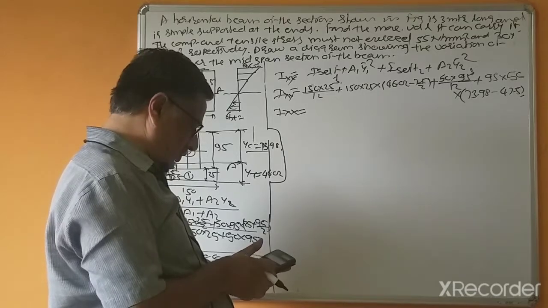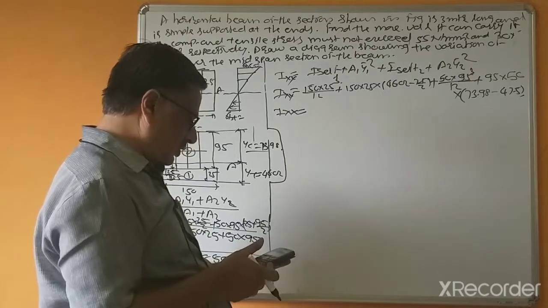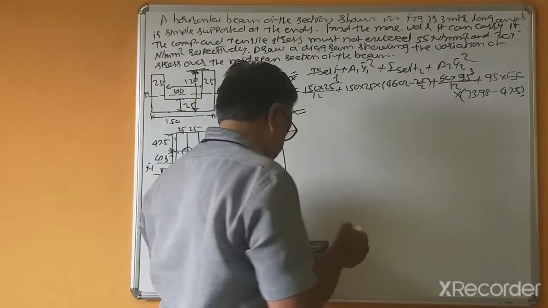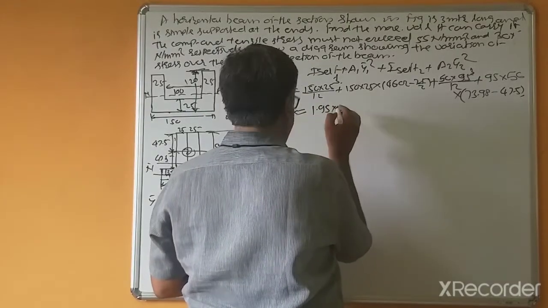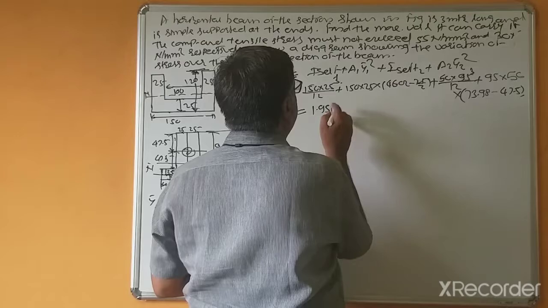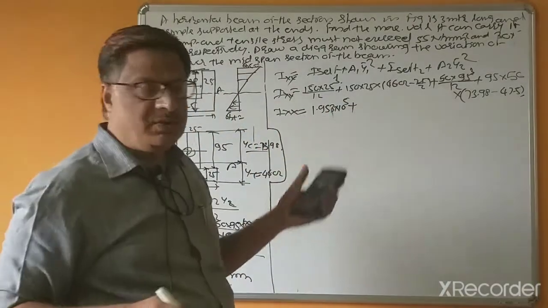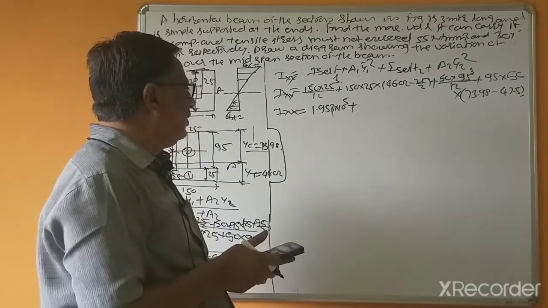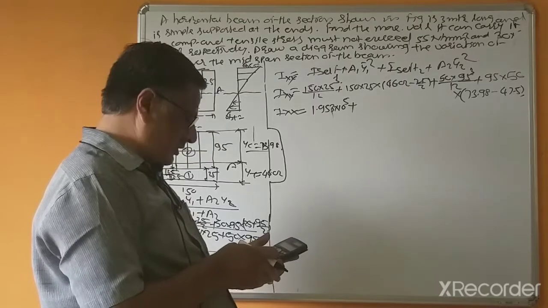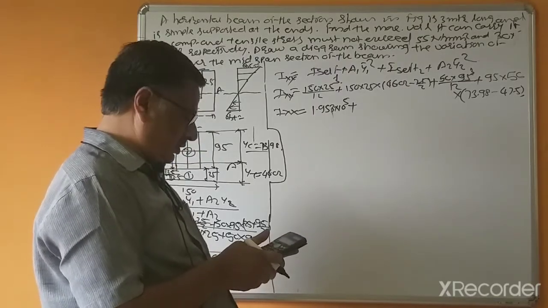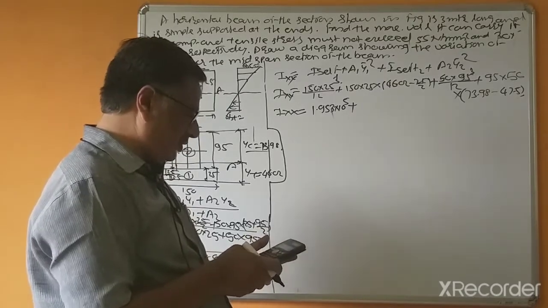150 into 25 cube divided by 12. So this is 19.95 into 10 to the power 5. So we will calculate in terms of 10 to the power 5. Then 46.02 minus 12.5, multiplied by 150 multiplied by 25.